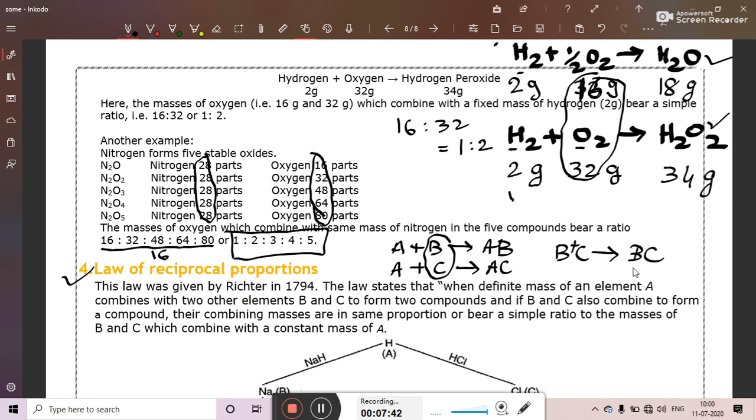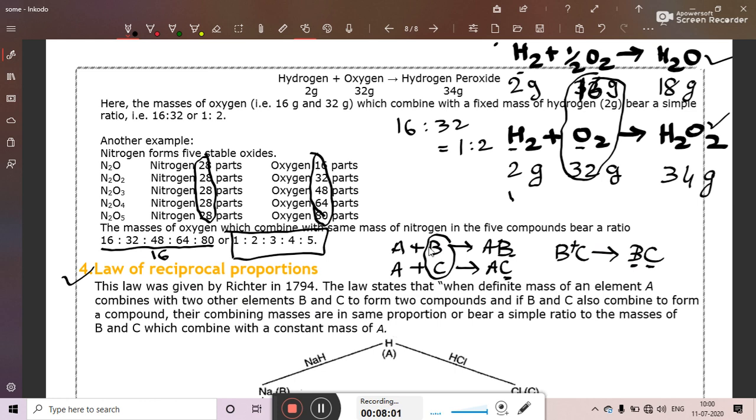Then in that case, the ratio of the masses of B and C in the compound BC will be the same as the ratio of the masses of B and C in the compounds AB and AC. Okay, that is the meaning of this law.